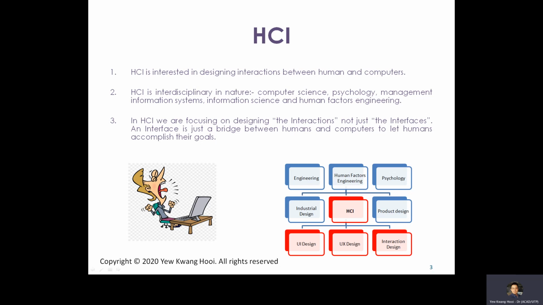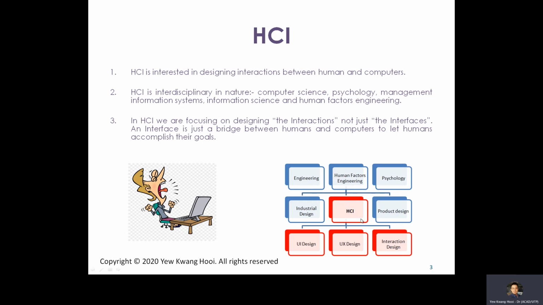So if you look at the chart on the right, this is where HCI is in relation to other disciplines of study. HCI falls under human factors engineering, which involves the knowledge of engineering and psychology. Under human factors engineering, we have industrial design, we have product design.